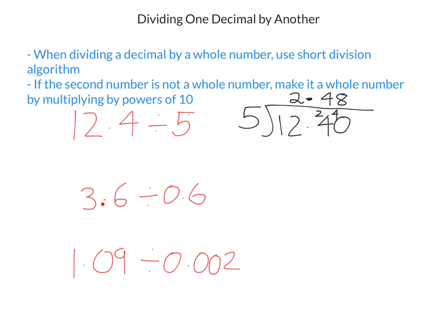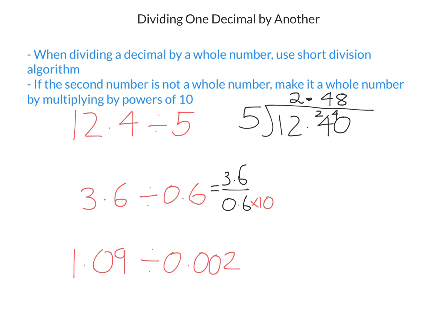But what about when you're dividing a decimal by another decimal? Well, because this was so easy, what we're going to do is somehow make this into a decimal divided by a whole number. So how do we do that? What we're going to do is write this as a fraction, 3.6 divided by 0.6. As I said, I really want this bottom number to be a whole number. So what I can do is times it by 10.